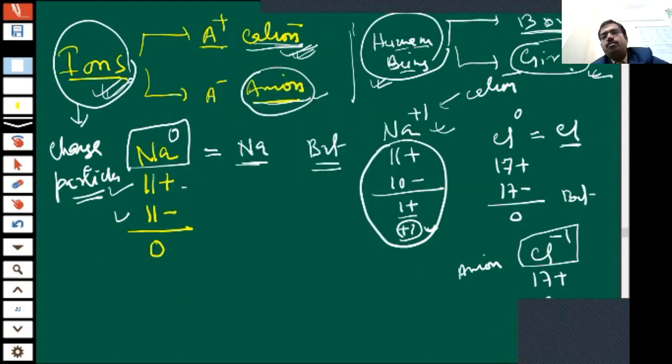So now, see what we are going to do. Sir, all cations are ions, but why are all ions not cations?